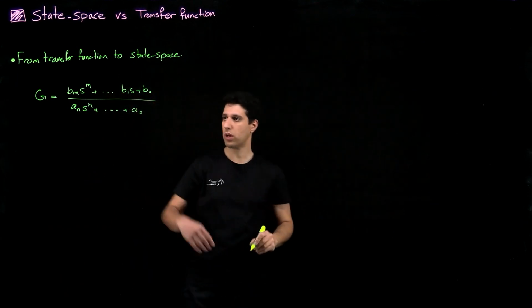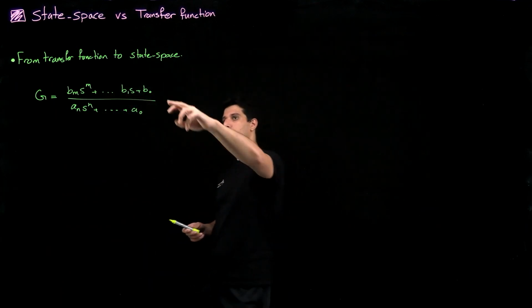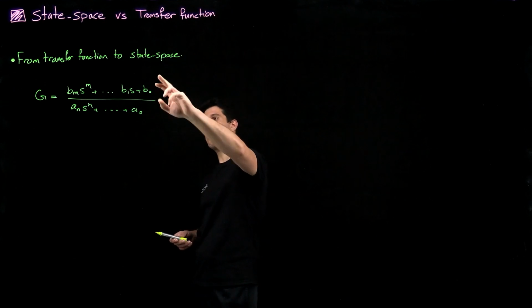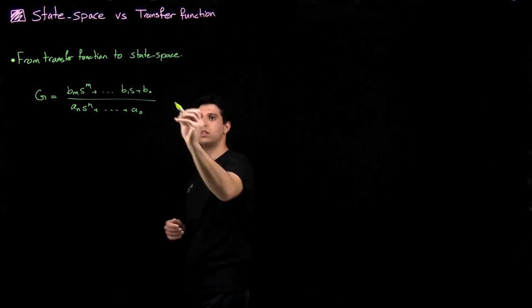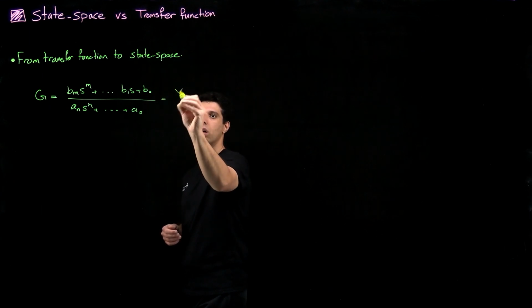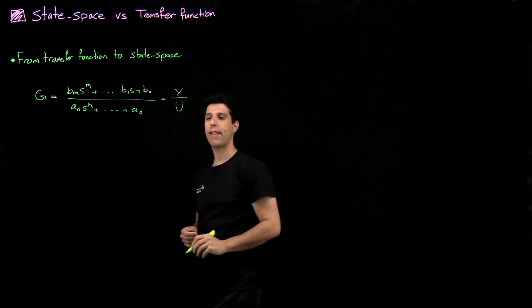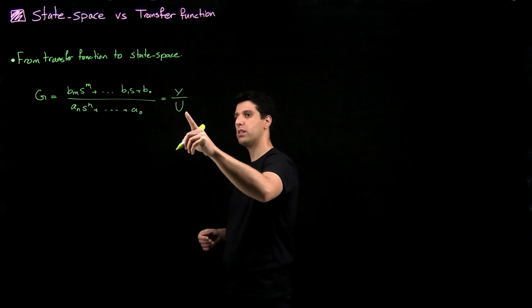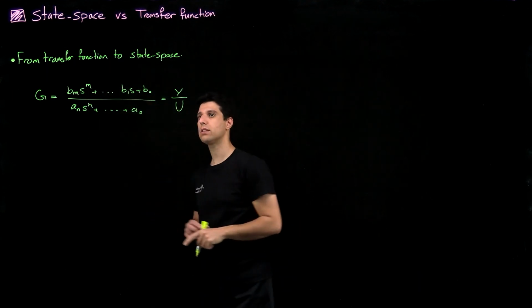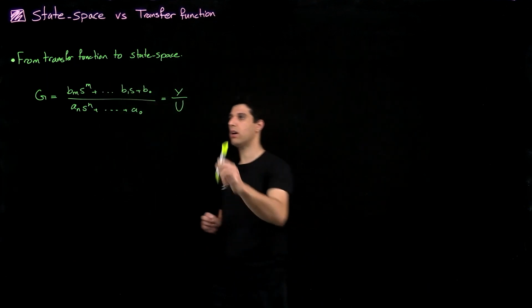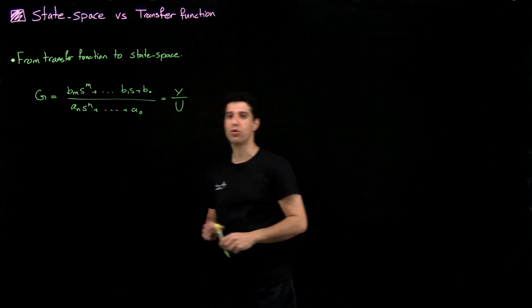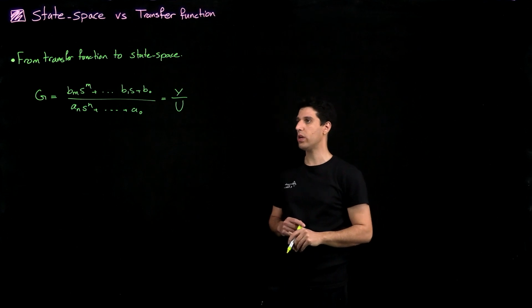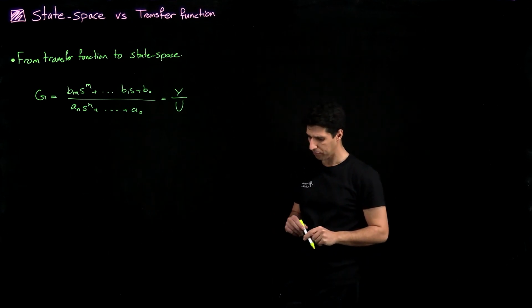So here we don't care about the denominator for now, but remember what this means. This equals y over u, and if I multiply this u by that, it means there are a bunch of derivatives of u showing up in the differential equations.